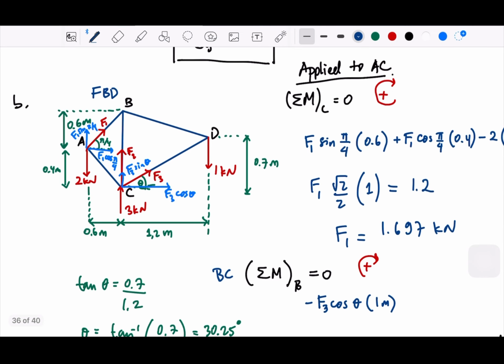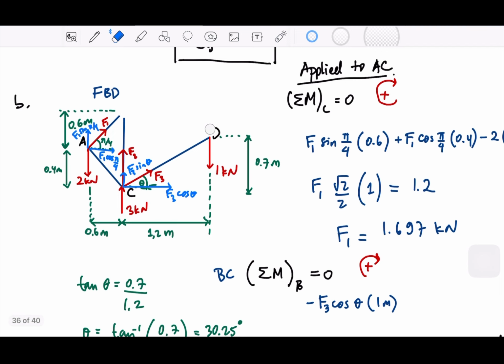So actually, for this number B, you could erase all this stuff here. I think that's still okay, right? Yeah, we could erase this because all this 1 kilonewton is already distributed to this F1, F2, F3. So I think this will be better.